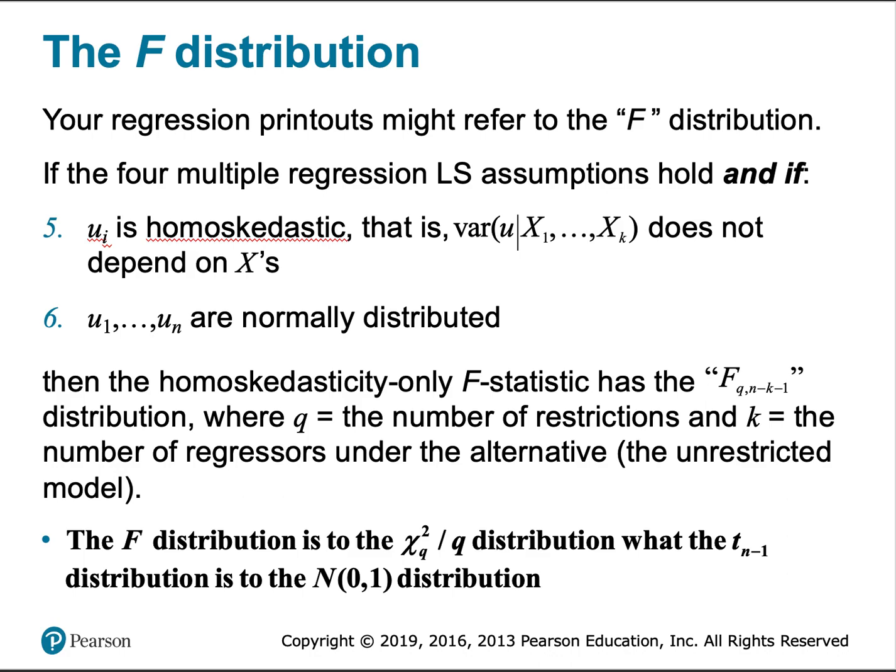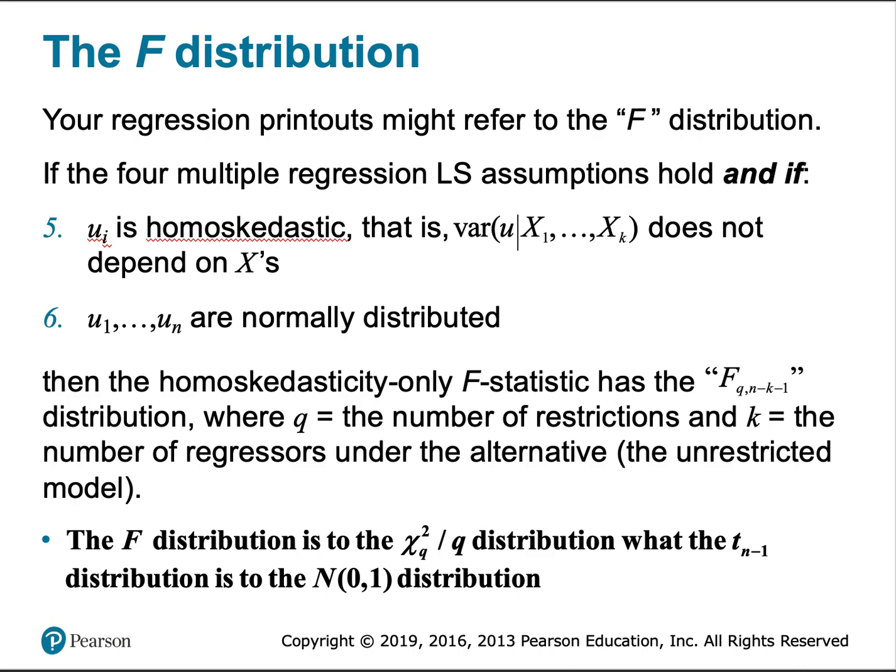Now, the F distribution is to the chi-squared over q distribution what the t(n minus 1) distribution is to the standard normal distribution. So we're looking at, in essence, a distribution that asymptotically approaches the chi-squared over q distribution.